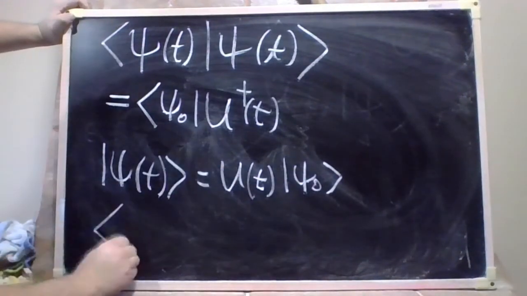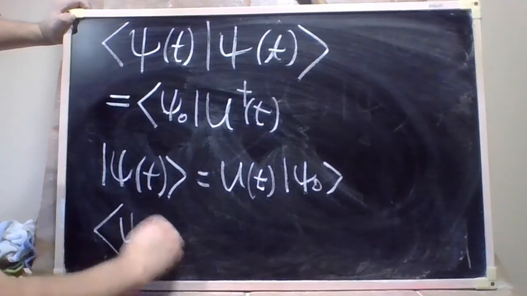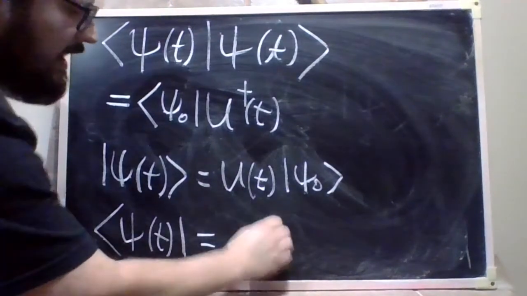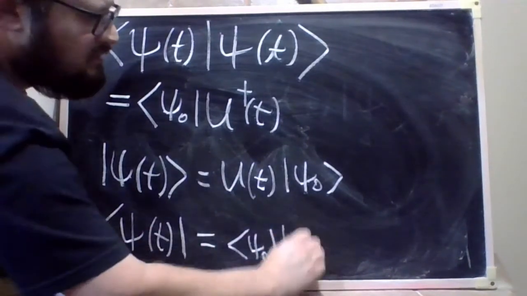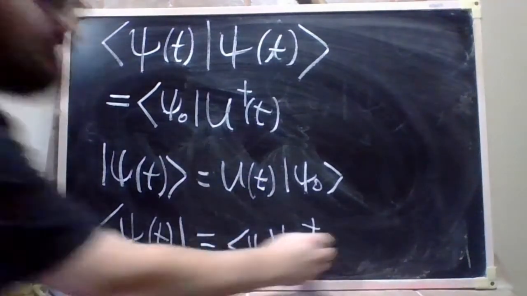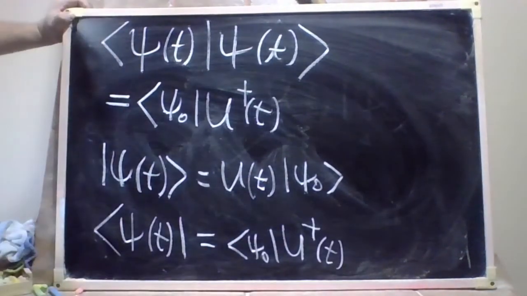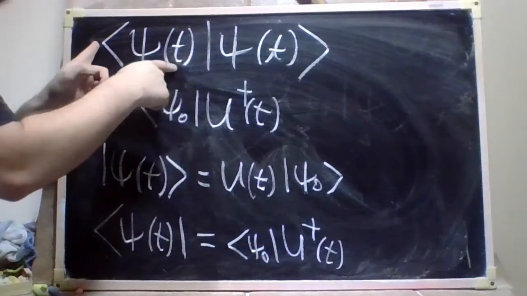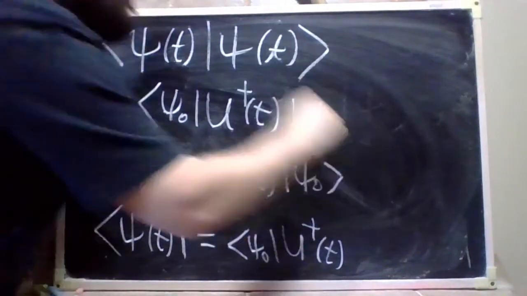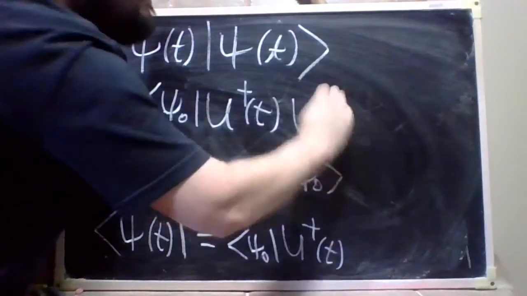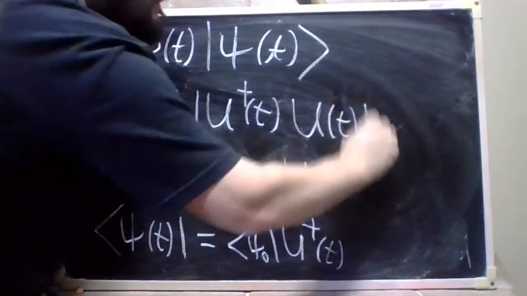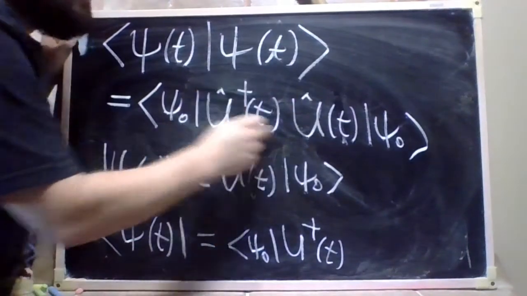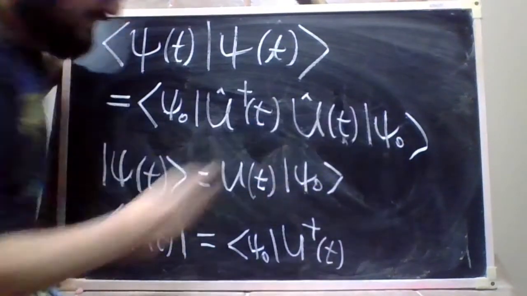So if I take the complex transposition here, I'll get the bra, and the bra just corresponds to the bra of the initial state and the u dagger here, all right, at the instant of time t. So this is the bra at time t, and the ket at time t, I can write as the evolution operator operating on the initial state here, all right?